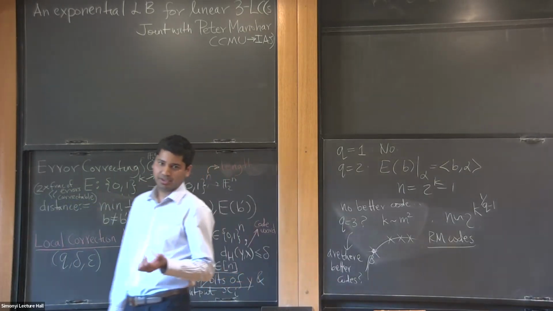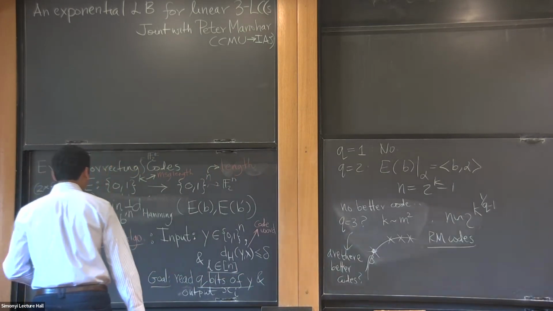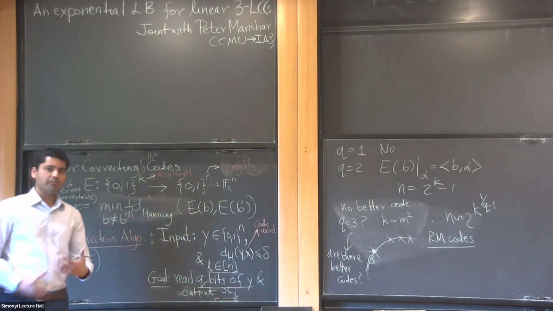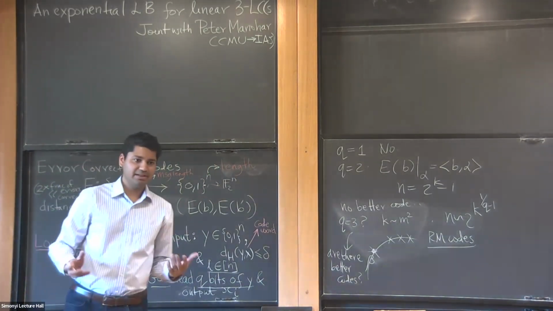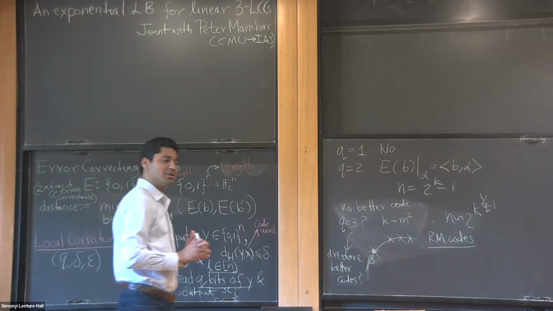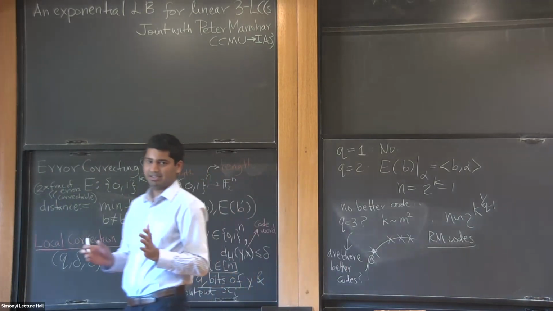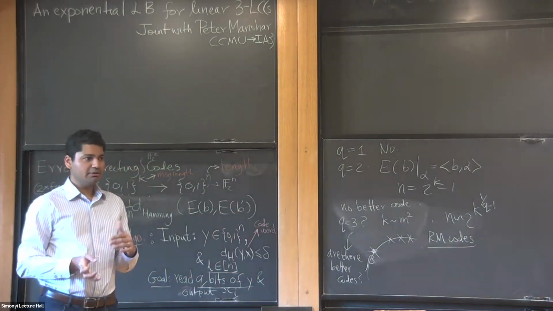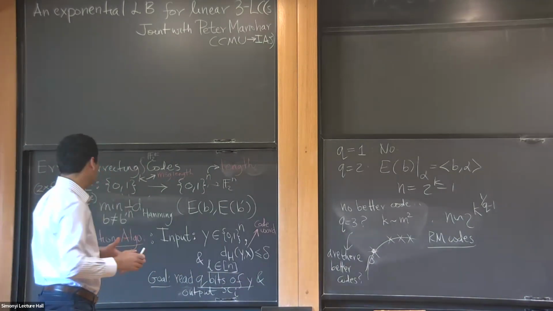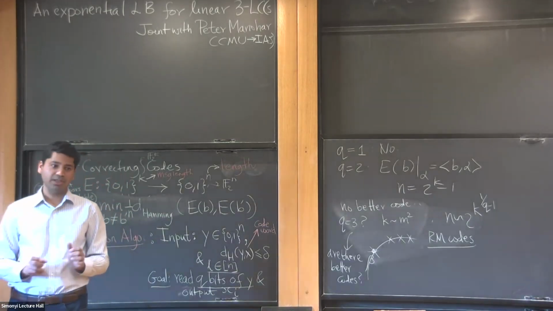Let me introduce one more character to the story, which is a slightly weaker condition than local correction. I was talking about this with Zev, who is the source of almost all my knowledge on this topic. It turns out that till about 2007 or 8, people did not distinguish very clearly between these ideas of local correction and the relaxation I'm going to introduce called local decoding.